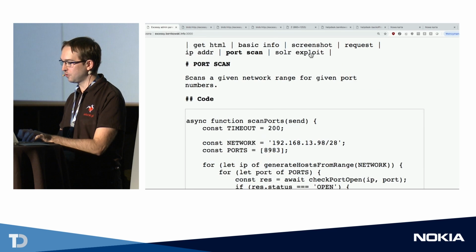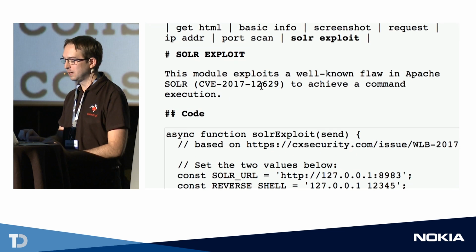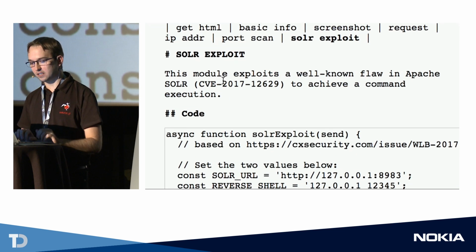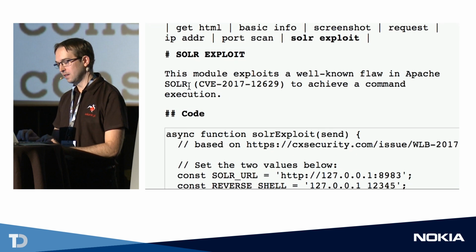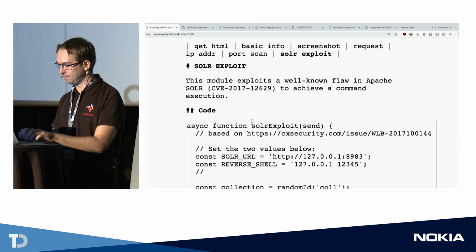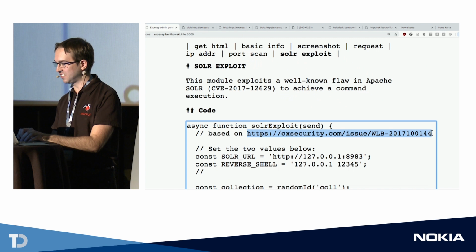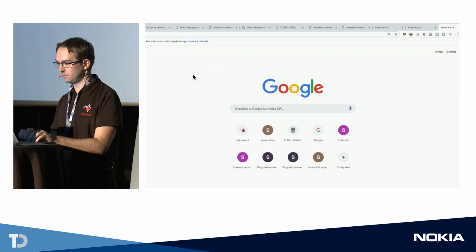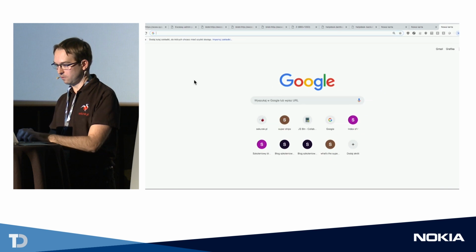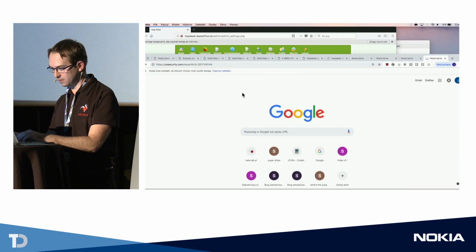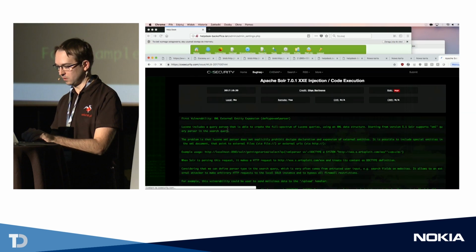And 8983 is actually a port used by a service called Apache Solr. And it had a very interesting vulnerability that was found last year. For some reason, Chrome works kind of odd. Okay.